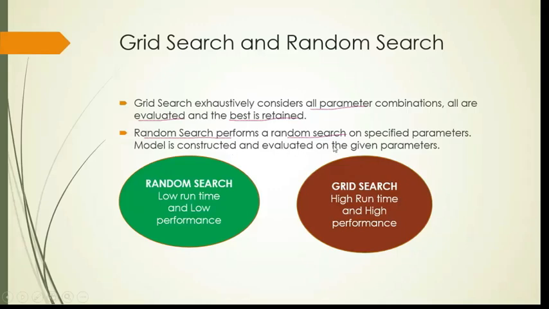When grid search is exhaustively doing a task, that means there's high runtime involved, and this also gives you good performance. But random search will lower your runtime, so it is good computationally, and it can also give you slightly less performance than grid search.